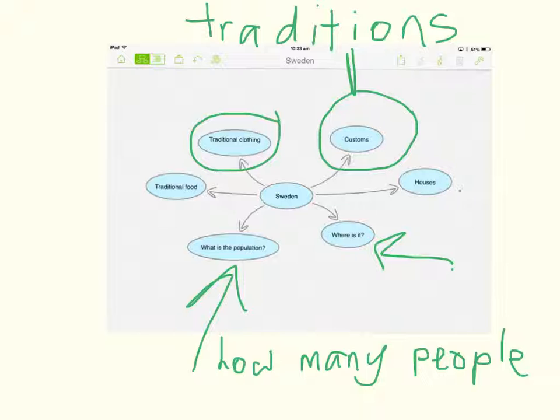Okay, same here. Traditional clothing. I just don't want you to find a picture of someone wearing jeans and a shirt. But what would you search for in Google if you were looking for that one? What do you think? What words would you put in your search? You put your country first and then clothes. Costumes.